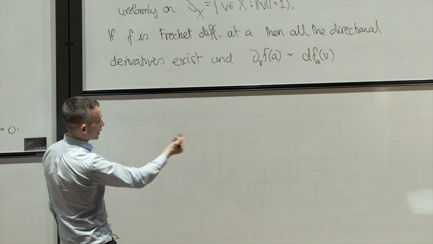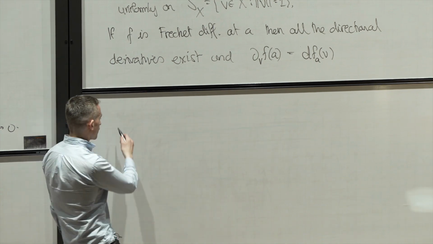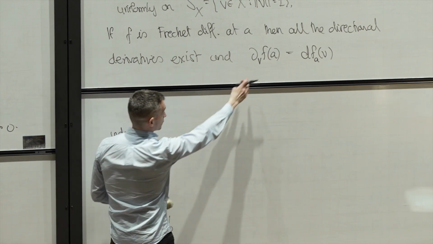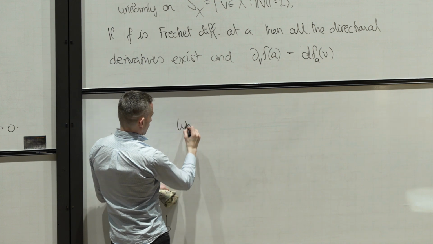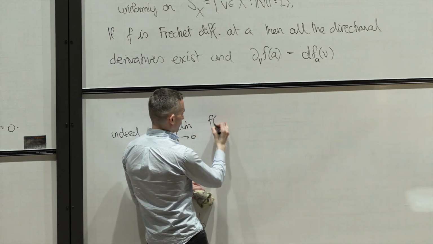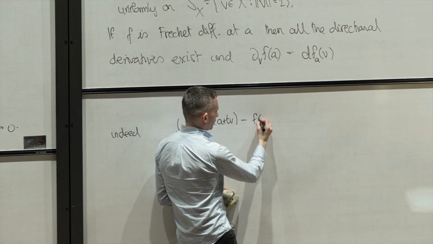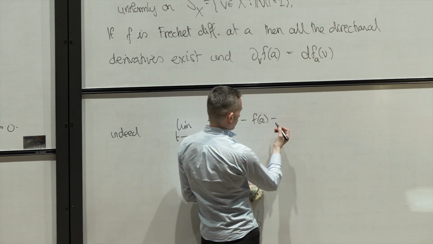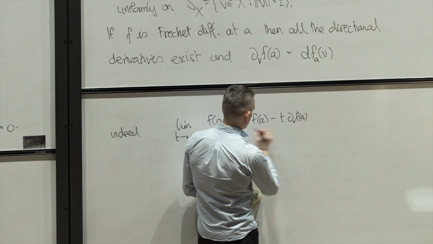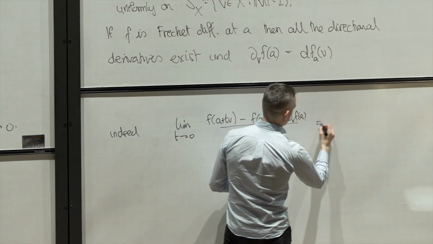And let's just check that to see that we understand what the definition is actually saying. So indeed, what's the definition of this guy? We want the limit as t goes to 0 of f of a plus tv minus f of a minus, if you like, t times this, all of this over t equals 0.